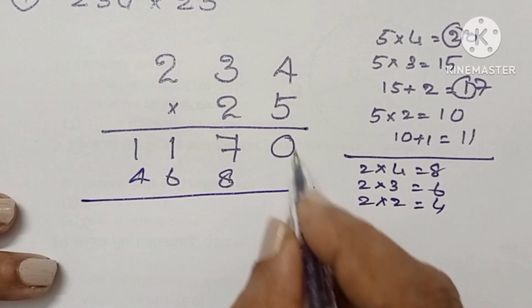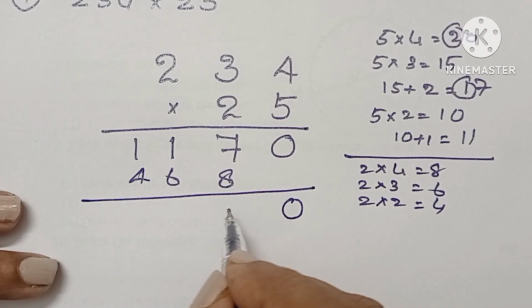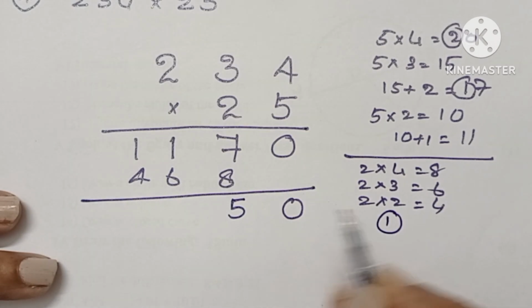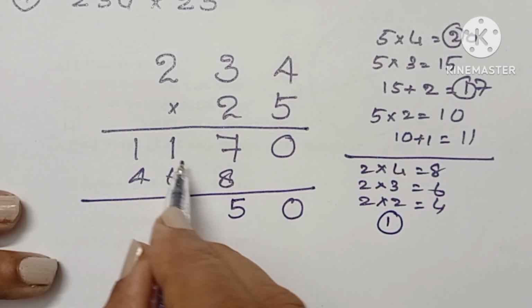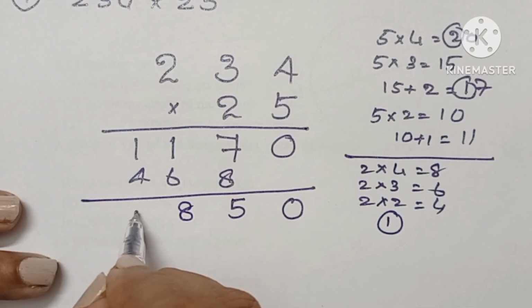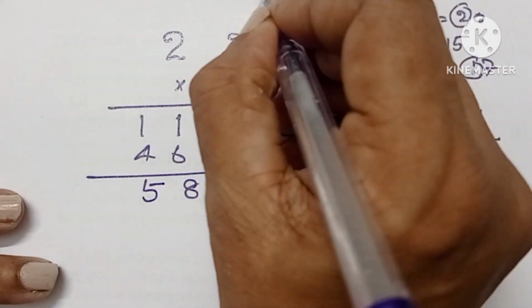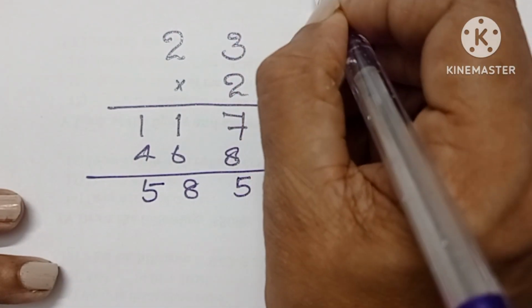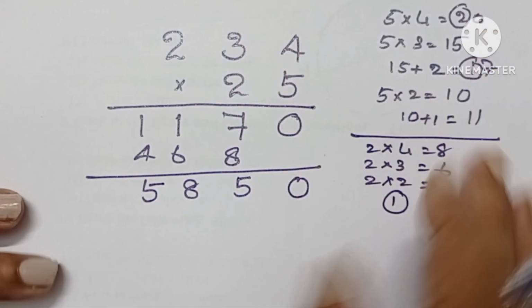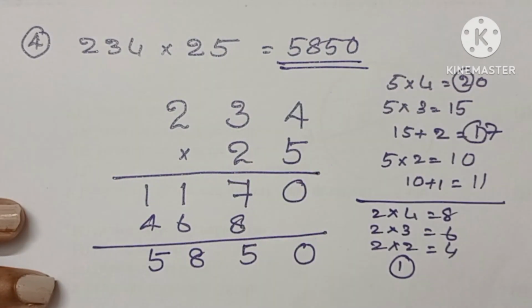Now adding 0. 7 plus 8, 15. Carry over 1. 6 plus 1, 7. 7 plus 1, 8. 4 plus 1, 5. Therefore, the answer is 5850.